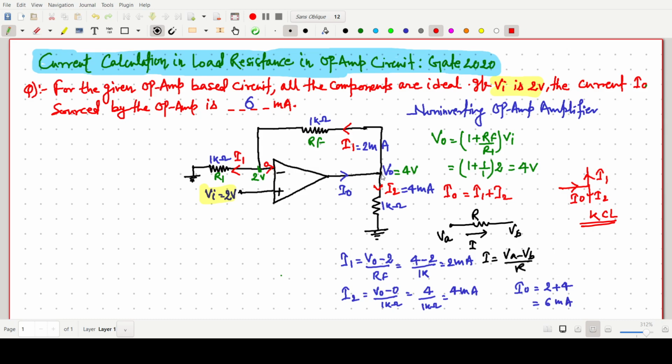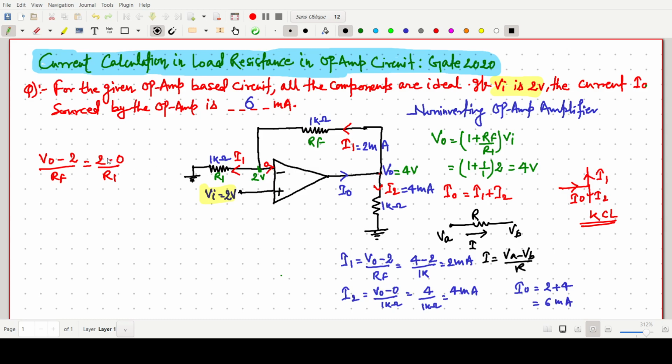For the time being, I am saying this one is V naught voltage. So we can write I1: V naught minus 2 volt by RF equals 2 minus 0 by R1.